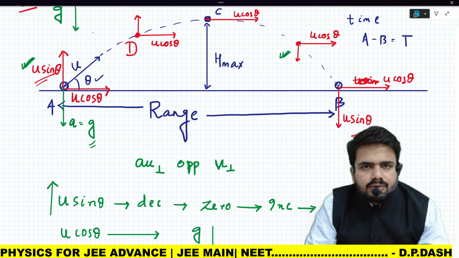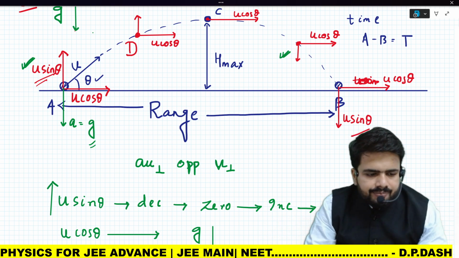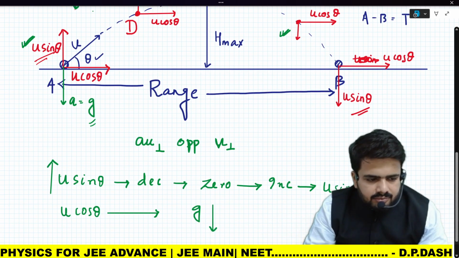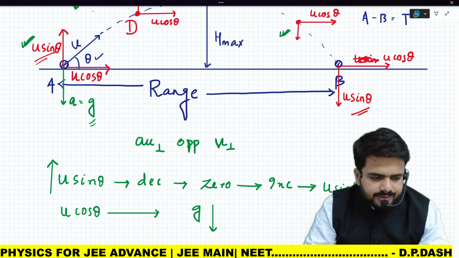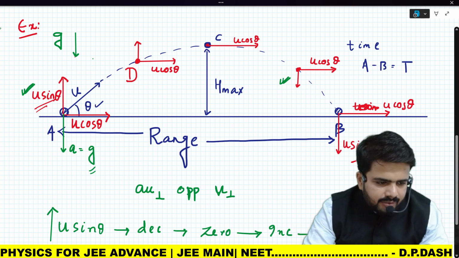That's why u cos theta will not change in its direction. Clear? This is how the velocity in a projectile shows variation. So here again you see this diagram, where I have marked a point, the D point.